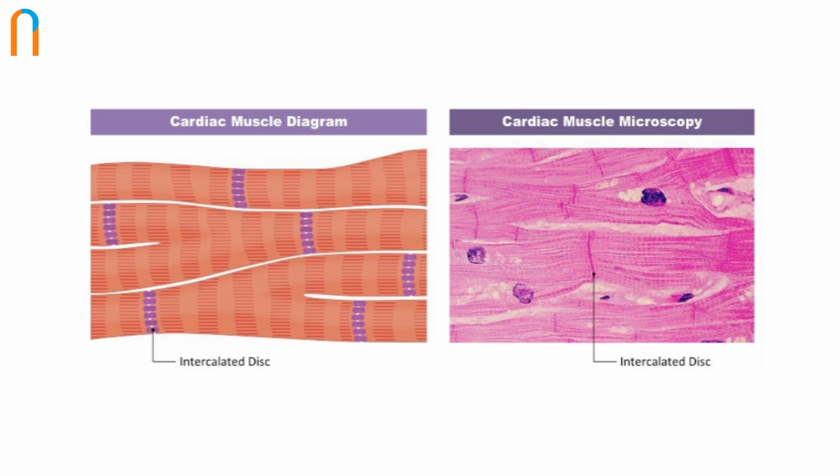That is, if one cell depolarizes, the adjacent cells will also depolarize due to communication through the gap junctions. Thus, all cardiac myocytes in the atria or the ventricles contract together. The heart is said to be a functional syncytium.